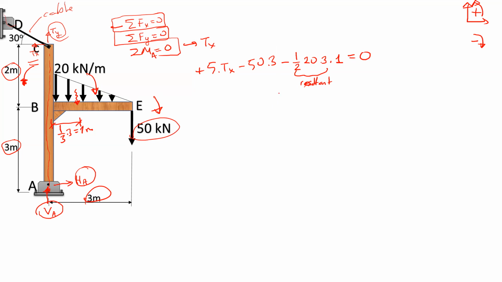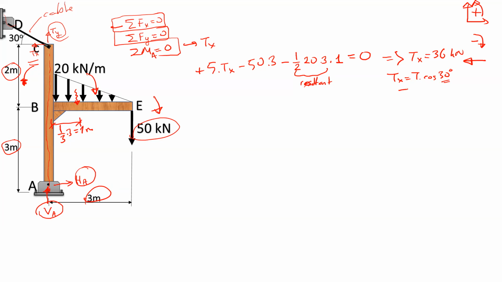By writing down the equilibrium here, we can easily come up with the solution that Tx equals 36 kilonewtons. Since it's positive, I can easily see that my assumed direction is correct. It's a force directed to the left. So when I have Tx, I can write down T, because Tx equals T times cosine 30, which is the given angle in the question.